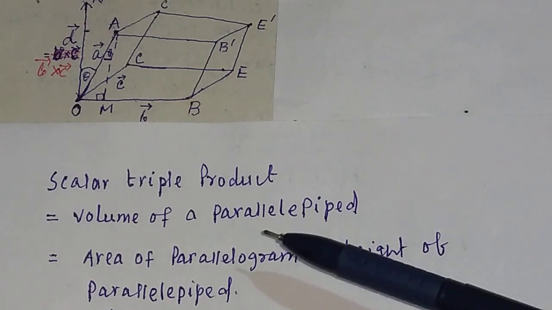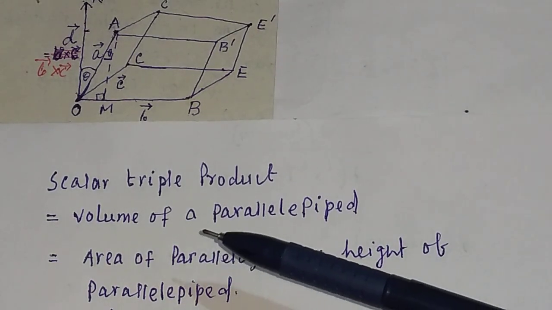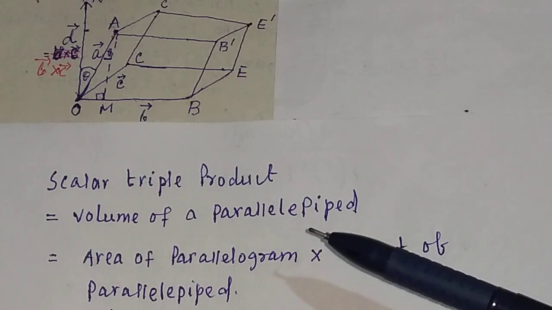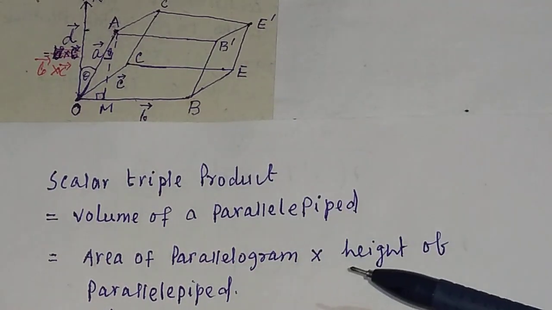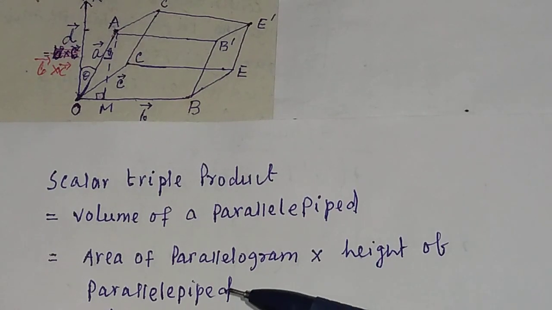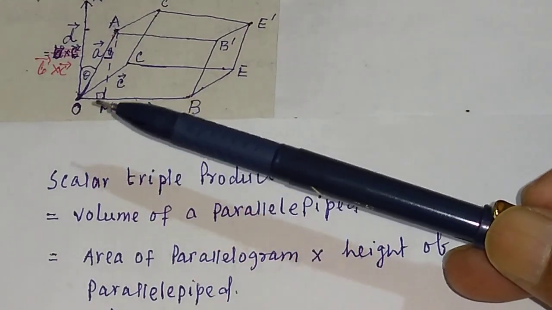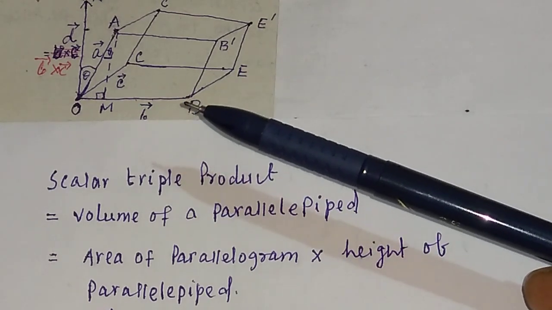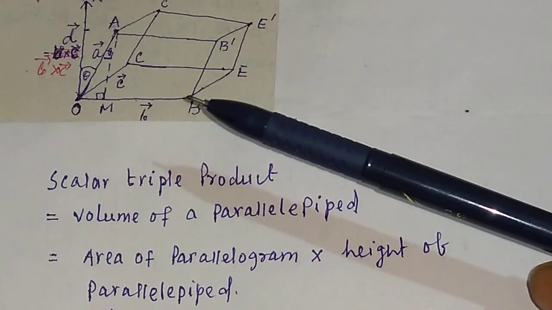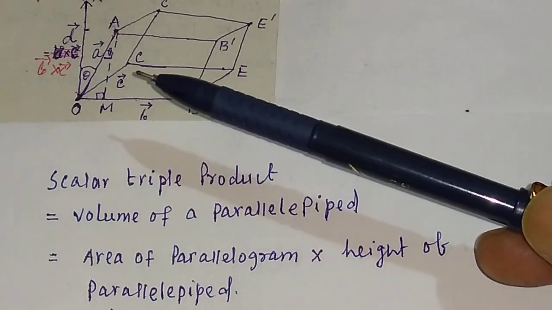You should remember this formula: the volume of a parallelepiped is equal to the area of the parallelogram multiplied by the height of the parallelepiped. Suppose this is a parallelogram OCEB. So what will be the area of this parallelogram? Area of this parallelogram is equal to B cross C.